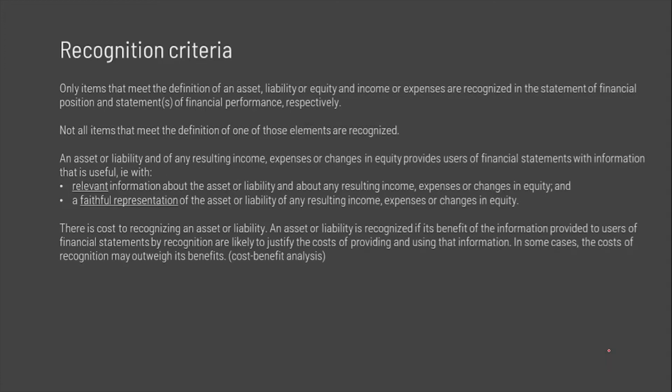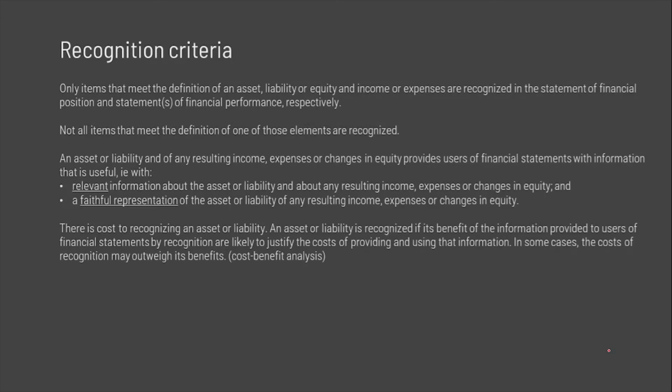So it must not be "or", but instead it should be "and". It must meet the definition, and it should provide useful information. It should hit the two criteria and not just one.